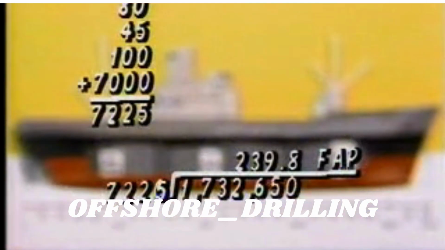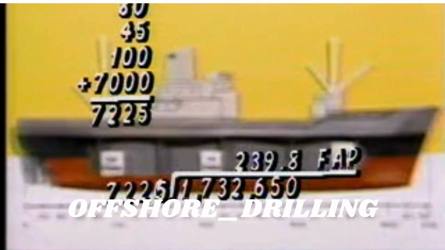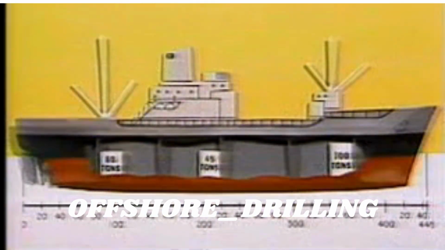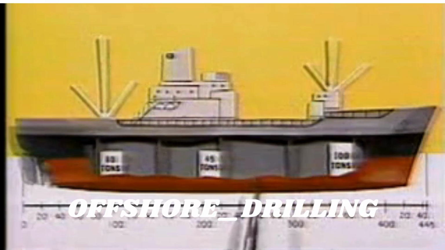Now these total moments are then divided by the total weight, cargo plus ship, or 80 tons plus 45 tons plus 100 tons plus 7,000 tons, or a total of 7,225 tons. This will give us a final LCG after loading of 239.8 feet forward of the after perpendicular.